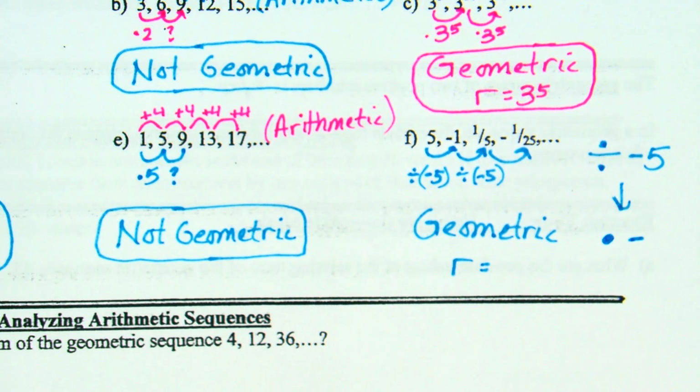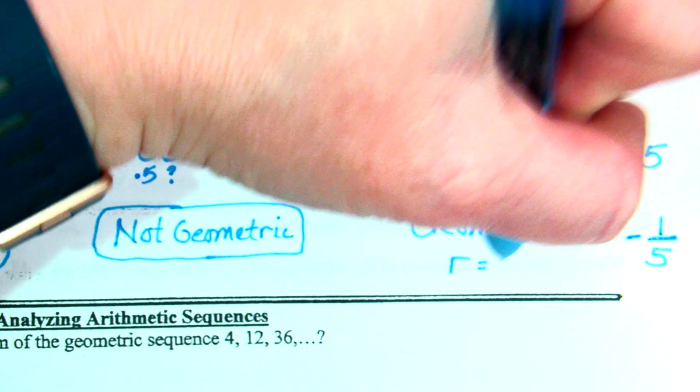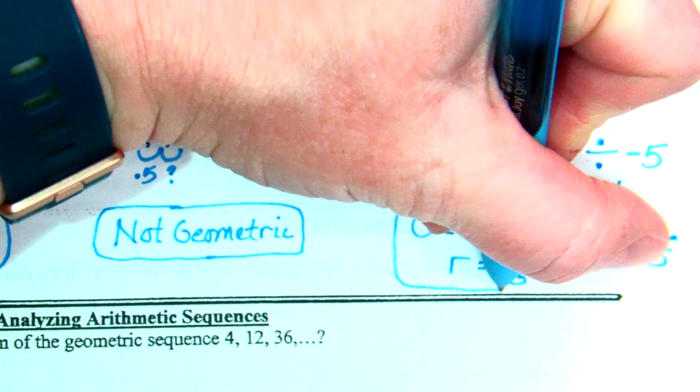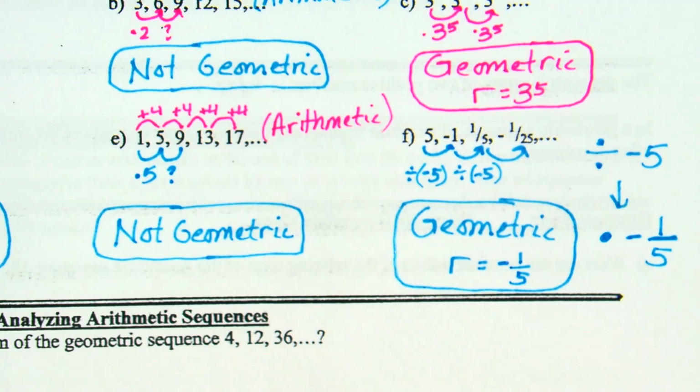Or if we forget the negative for a moment, dividing by 5, well, that's dividing by 5/1, multiplying by 1/5. And so my R value is what? Negative 1/5. Okay, so that's one way to look at it, is to think like Natalie did: I'm dividing by negative 5, but then I have to turn that to multiplication. Does multiply by negative 1/5 make sense for these last two?